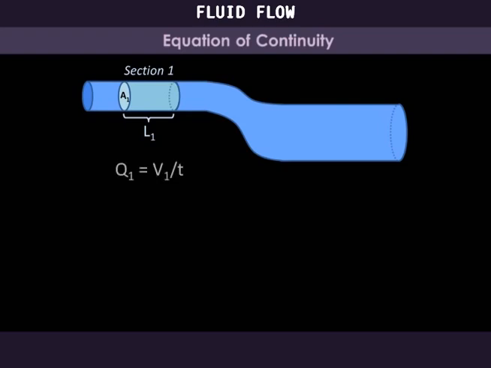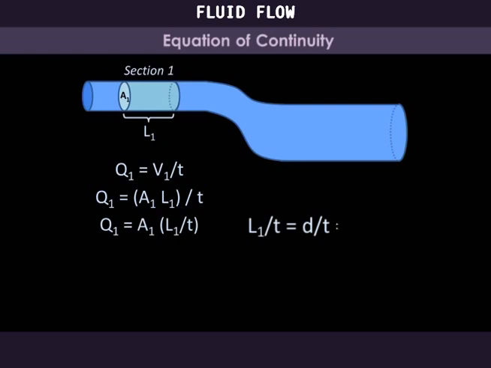So Q1 is equal to V1 over T. We know that volume is equal to cross-section area times height or length. So we have Q1 is equal to A1 L1 over T. If you think of this equation as Q1 is equal to A1 times L1 over T, L1 over T is the same as distance over time, which is equal to velocity.